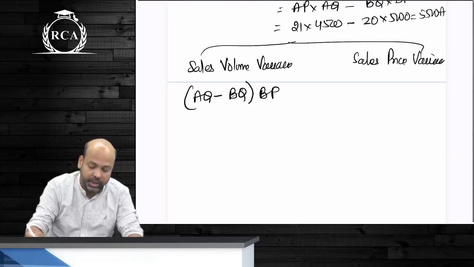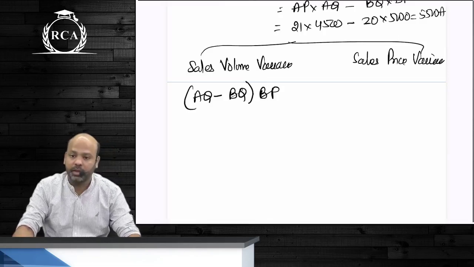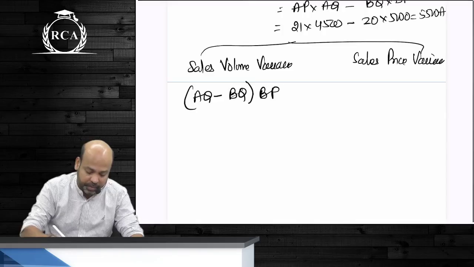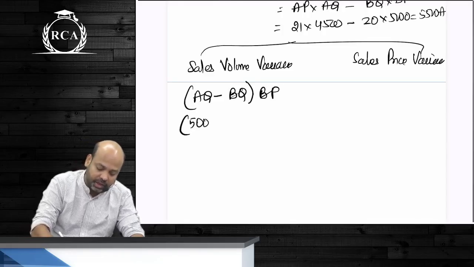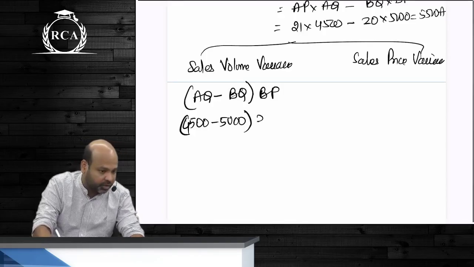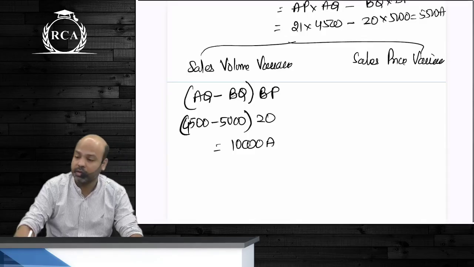To compute sales volume variance, you write actual quantity minus budgeted quantity multiplied by budgeted price. Exactly the same as material usage variance but reversed. There we wrote standard quantity minus actual quantity multiplied by standard price. Here we are writing actual quantity minus budgeted quantity multiplied by budgeted price. In our example, it is 4,500 units minus 5,000 units multiplied by 20, which is 10,000 adverse.